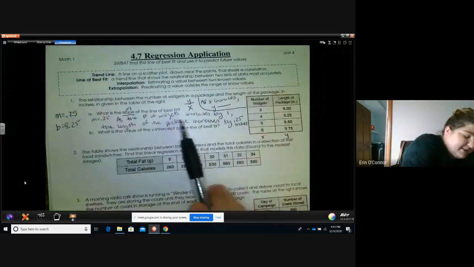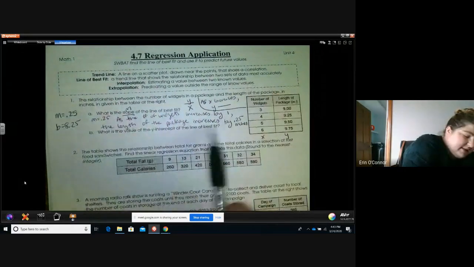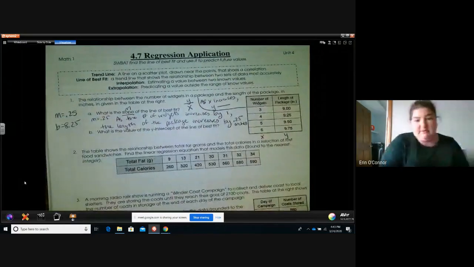Almost always your x is going to increase by 1, and then your y is going to increase by whatever the slope is.